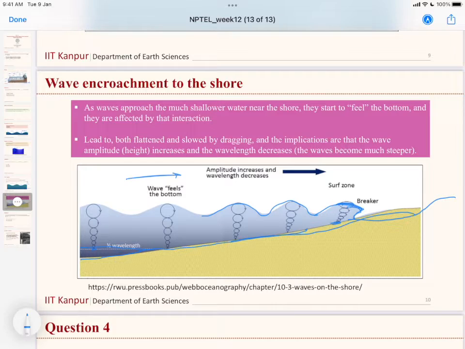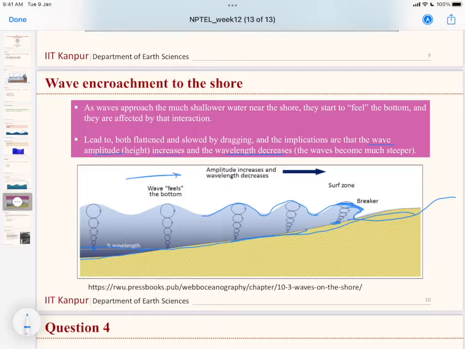So now due to this, what happens is that the wave amplitude or wave height increases and the wavelength decreases. There are two factors which cause these kinds of change.